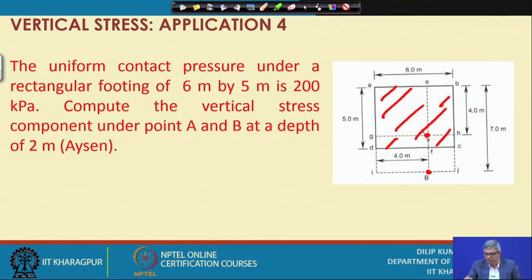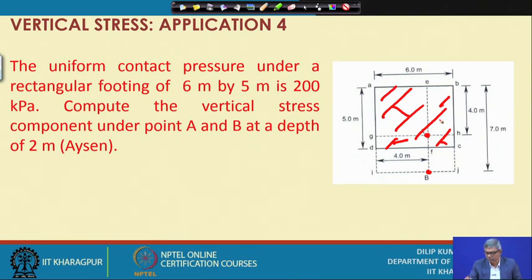So, the effect of this can be taken here, the effect of this here, this here, and this here. That means I can apply the corner formula 4 times. While applying it 4 times, every time the formula is given in terms of m and n, where m equals a by z and n equals b by z, and a and b I have to find out from the diagram.